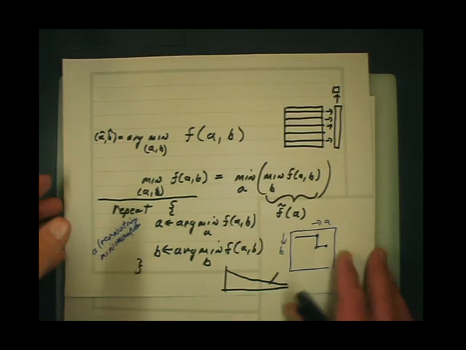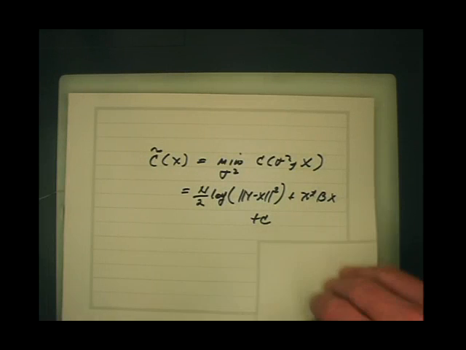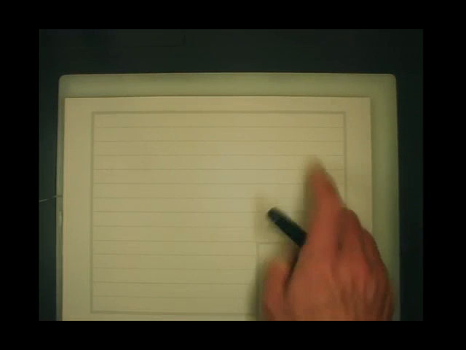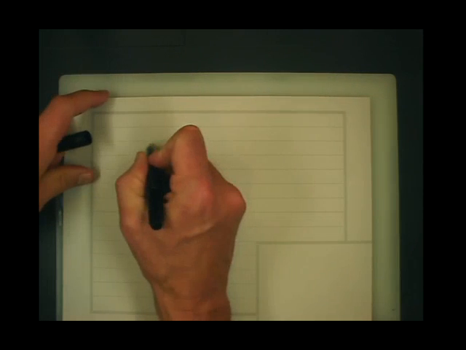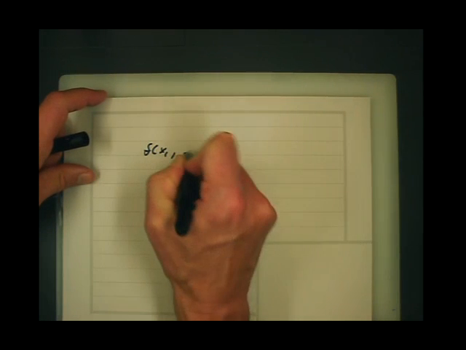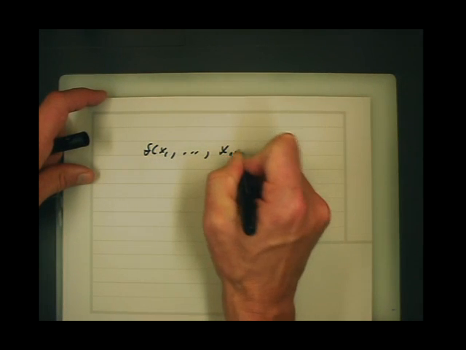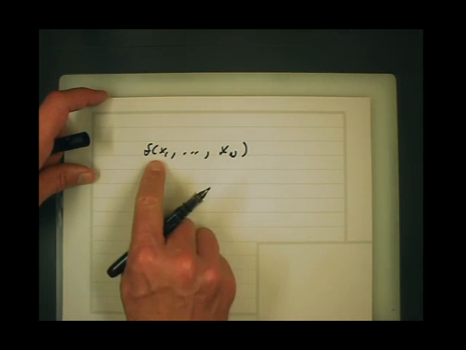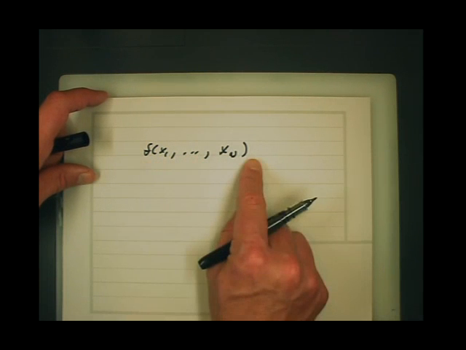When you take all the pixels and you line them up, you have f of x1 all the way to xn, right? And you minimize with respect to the first and then the next.